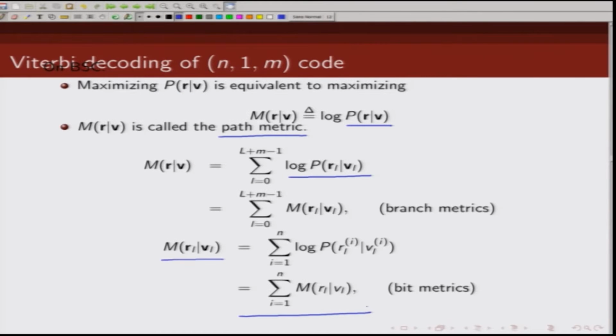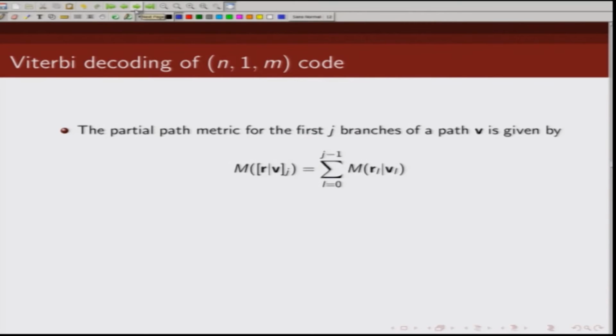So you can see we can conveniently write the path metric as a sum of branch metrics, and the branch metric as a sum of bit metrics. Similarly, we can define a partial path metric for the first j branches of a path V as the summation of branch metrics from 0 to j minus 1.